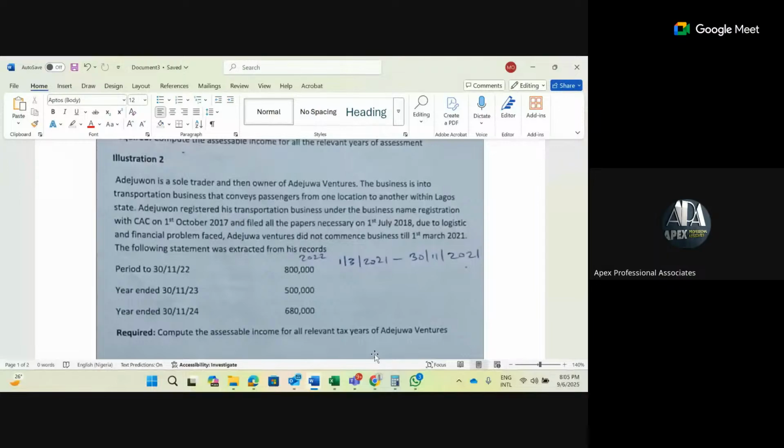Period to 30th of November 2022. And you see they put what? Period 2. Don't forget what I mentioned: when you see period 2, that means that particular year is not up to 12 months or is more than 12 months.